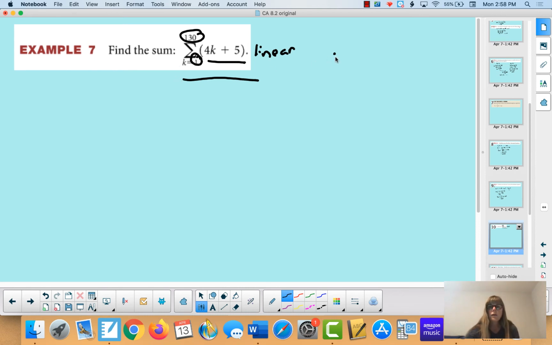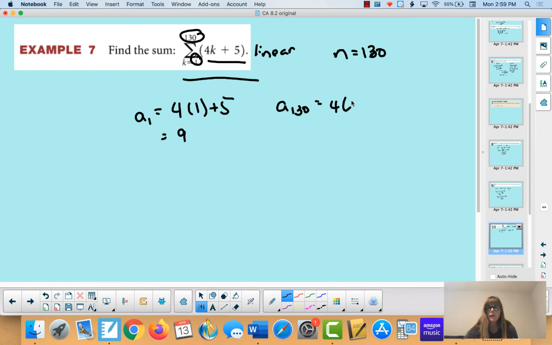So n is 130, because that's how many terms there are from 1 to 130. Then our first term we have to figure out by plugging 1 into this equation here. Our 130th term, we'll plug 130 into that equation.